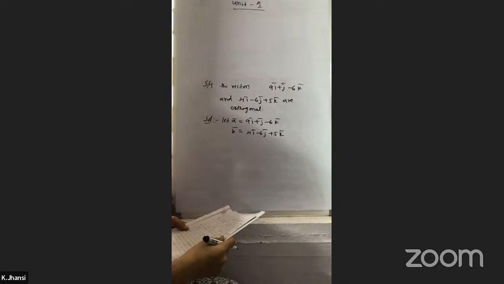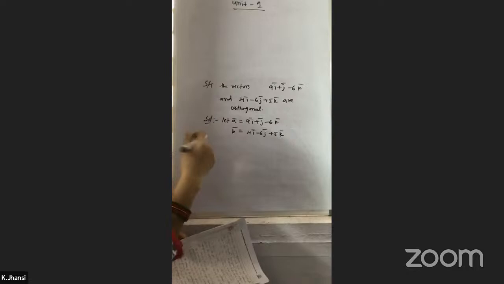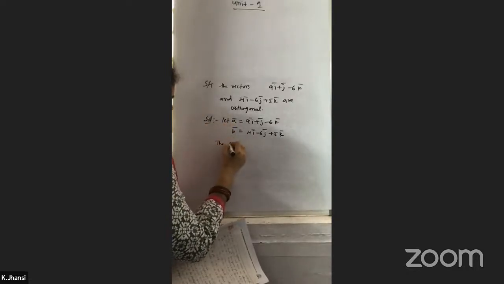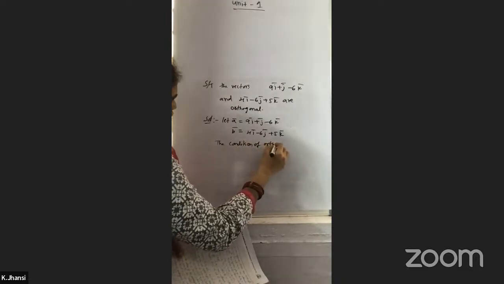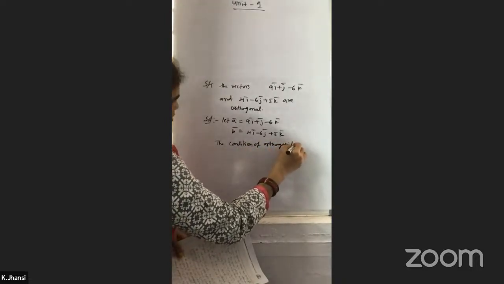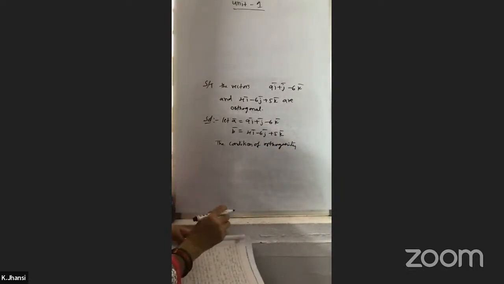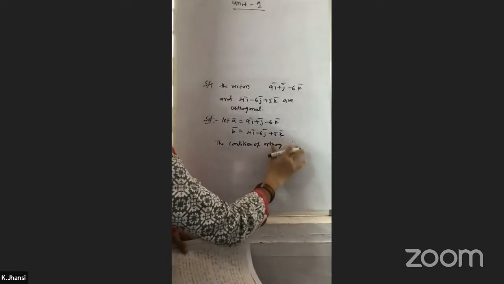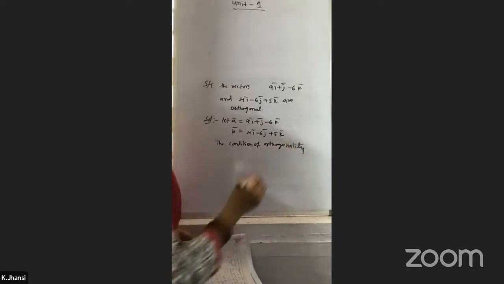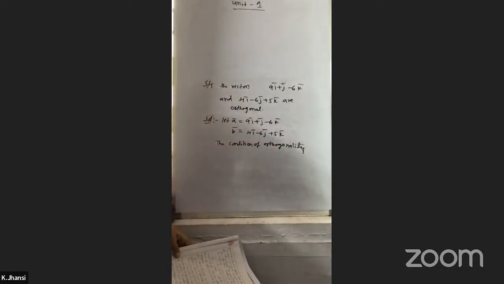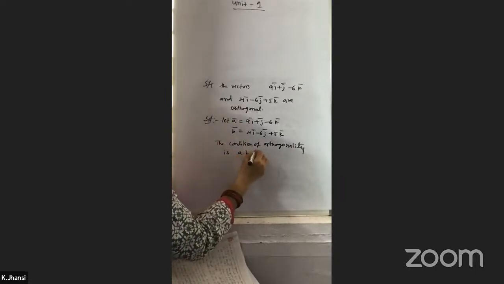Now, if A and B are at right angles, the condition of orthogonality is that A dot B is equal to 0.